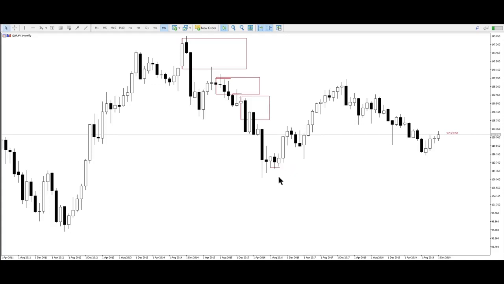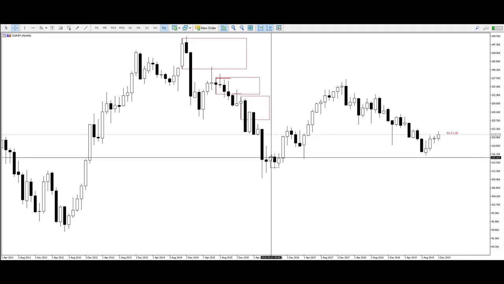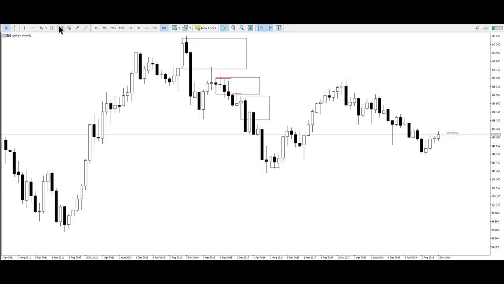So here we have a raid of this month. We have a swing high, clean candle close above the swing high. All you want to do is mark out the very origin of that. You can see how we get a perfect test on that.